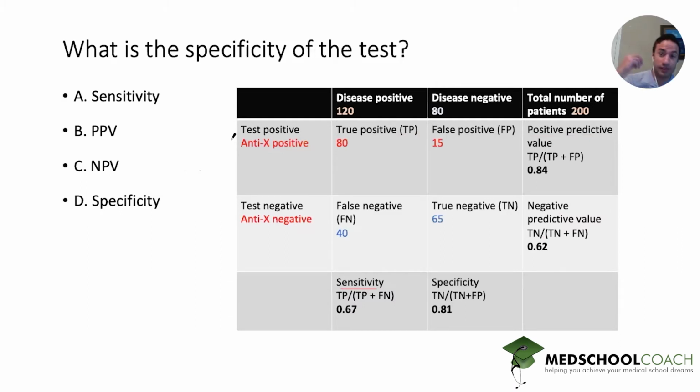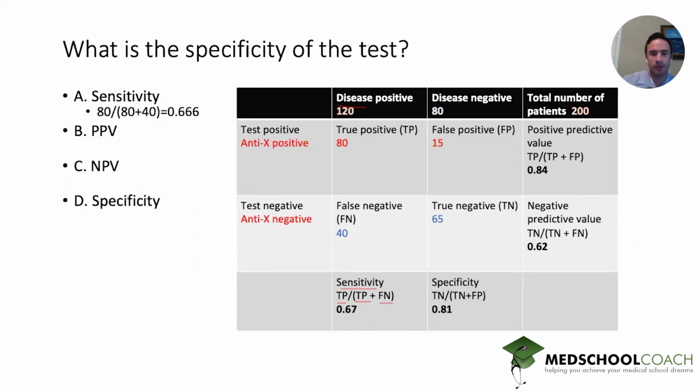So since we're looking at the disease first, we're going to be working out of the disease columns. This is true positive divided by the concept of true positive plus false negative. Here is 80 divided by the quantity 80 plus 40, which gives you a value of 0.666 or 0.67, as was the answer choice for A.